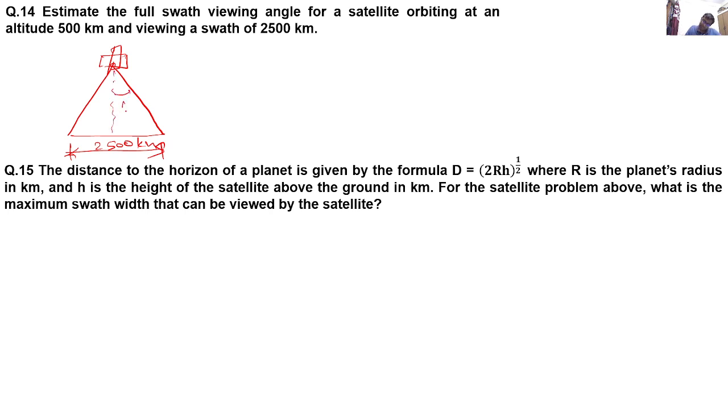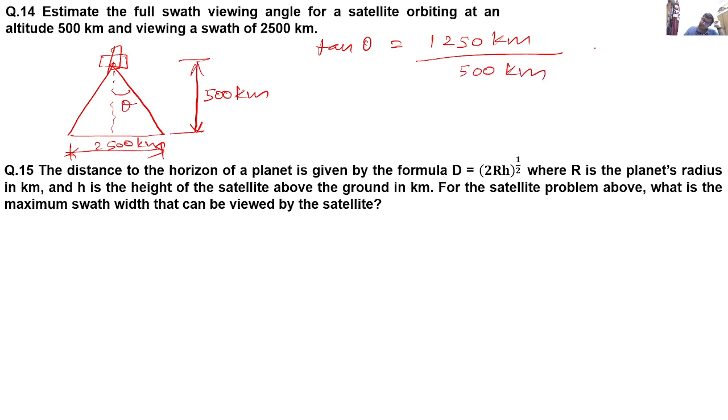Let us suppose the half angle is theta, and the altitude is already given to be 500 kilometers. So tan theta would be 2500 kilometers by 2, which is 1250 kilometers, by the altitude, which is 500, which comes out to be 2.5.